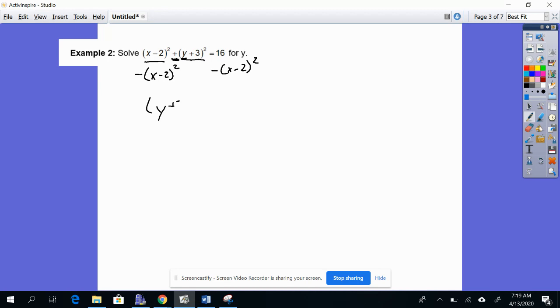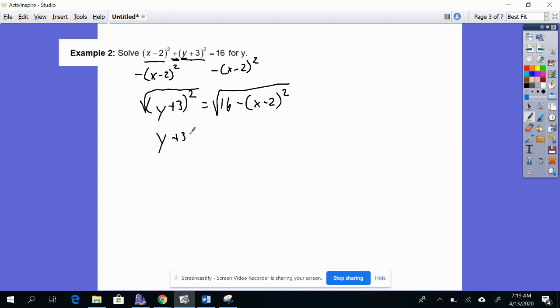So I've got y plus 3 squared equals 16 minus x minus 2 quantity squared. Again, still trying to get y by itself. Can't get rid of this 3 yet, though, because of this square. So anytime I have a square, I just need to take a square root. Now this is going to look kind of gross, and that's fine.